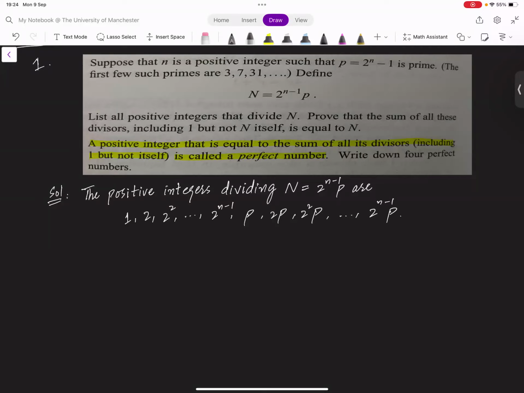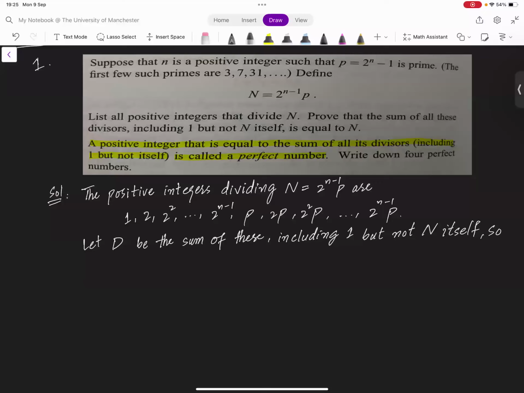Now let d be the sum of these, including 1 but not N itself.